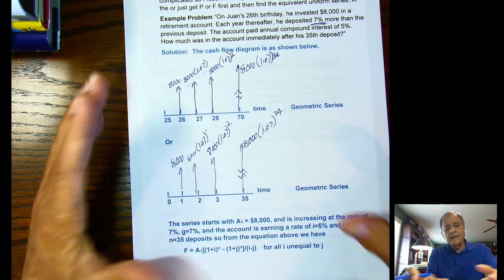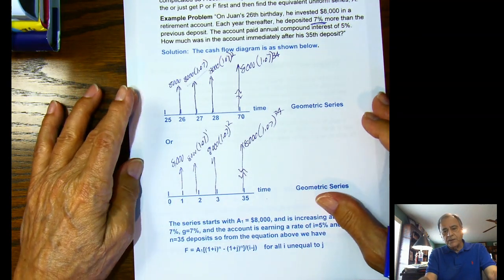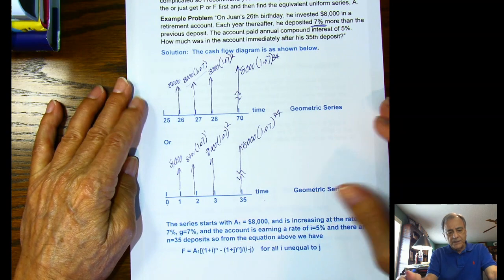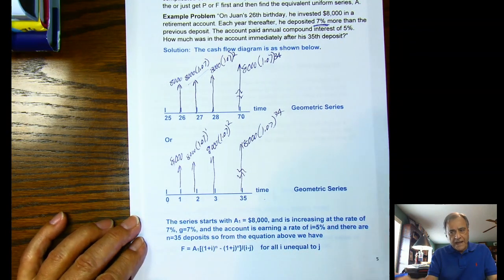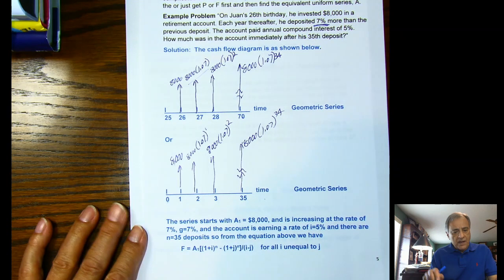Once we understand that it's a geometric series, a geometric gradient series, we're going to use the formulas or the app on your calculator, however you're going to do it.